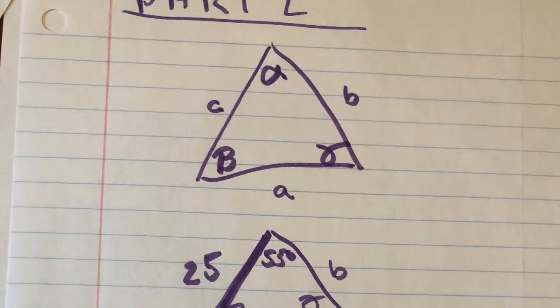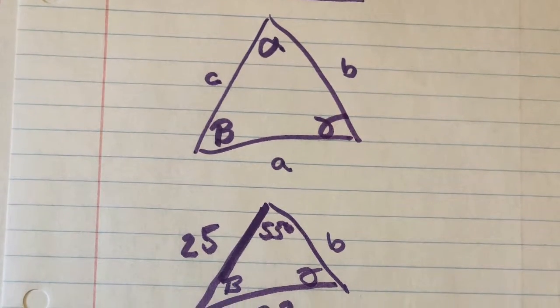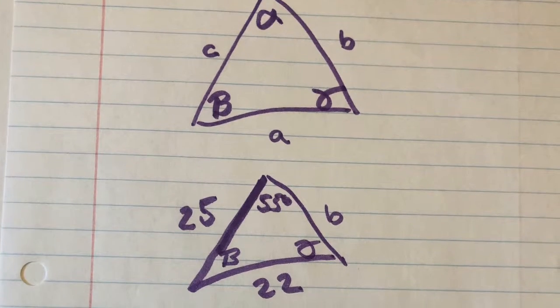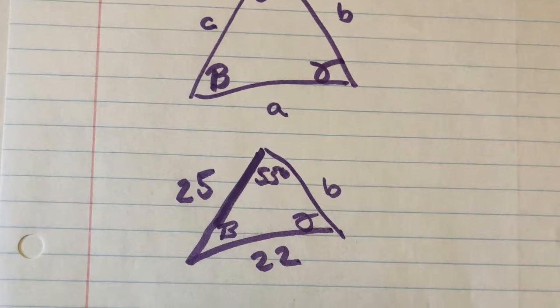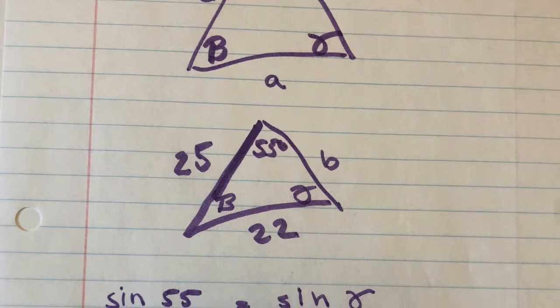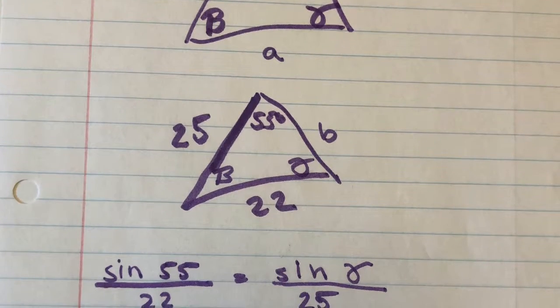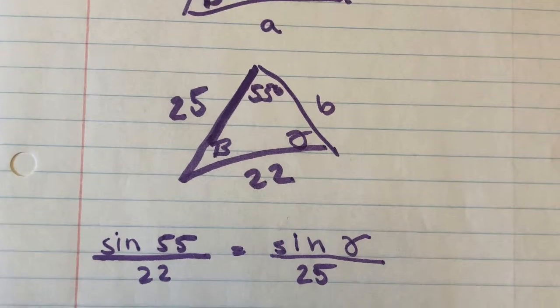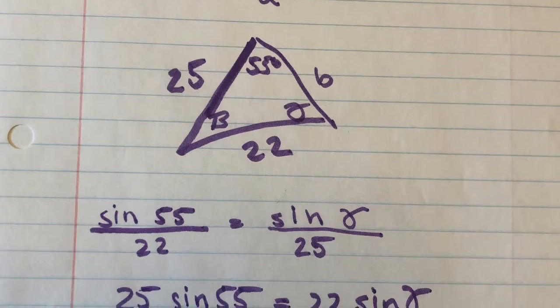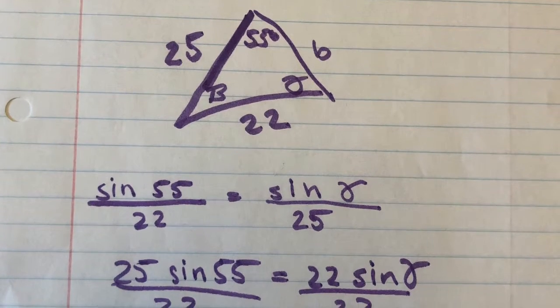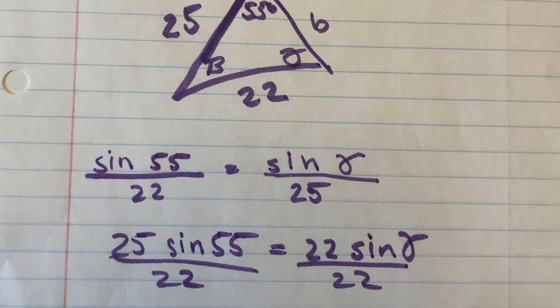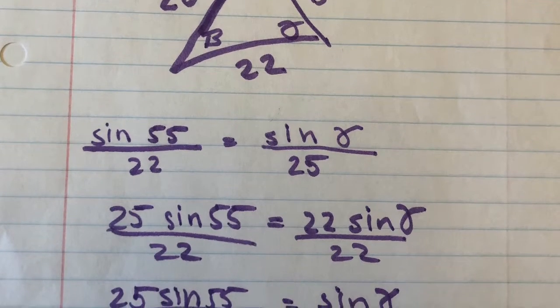For part 2, we were given side A and side C and angle alpha. So we used the law of sines to find the angle gamma. To do that, we did sine of 55 over 22 equal to sine gamma over 25.